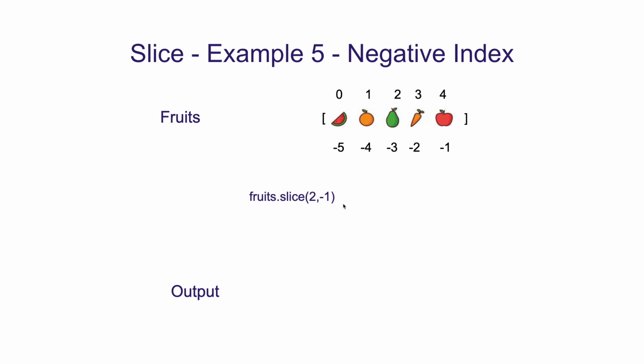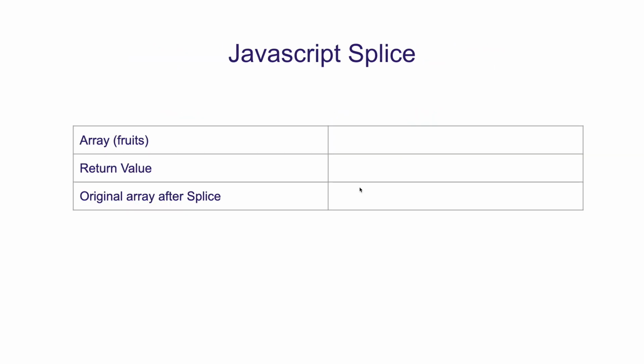Here in this example, we have used slice with the values 2 and -1. This means that we want to start our subarray from position 2 till the -1 position. That is the last position, and -1 is not included. So here our output will be the array with the elements 2 and 3, or we can say -3 and -2.